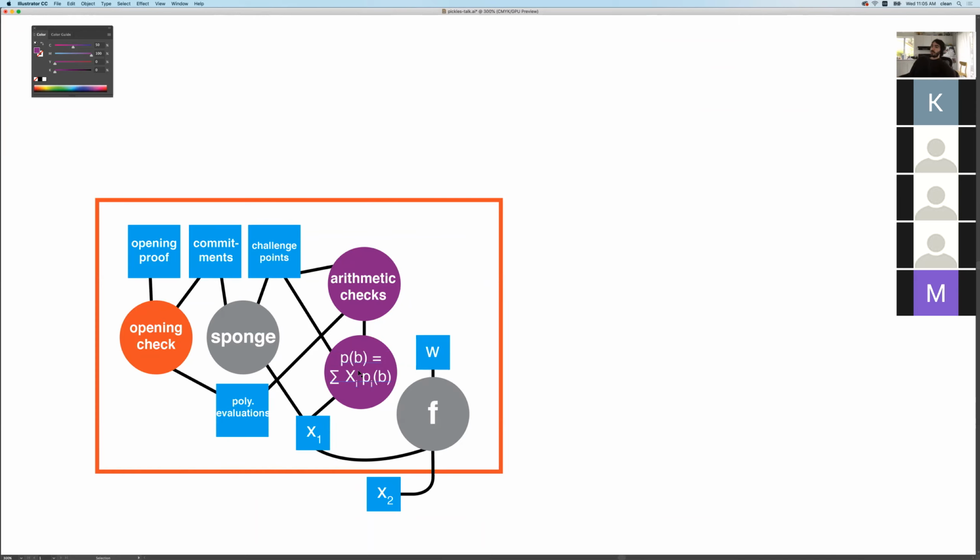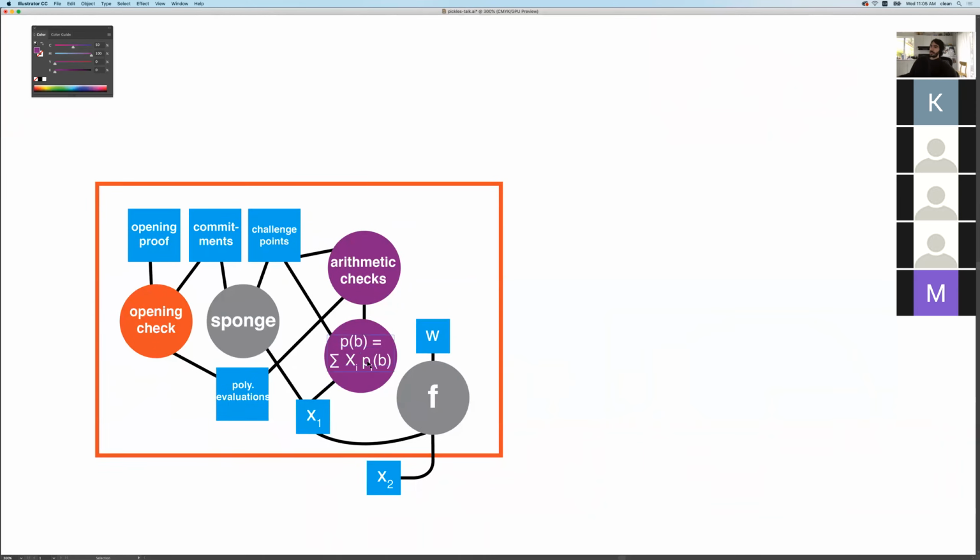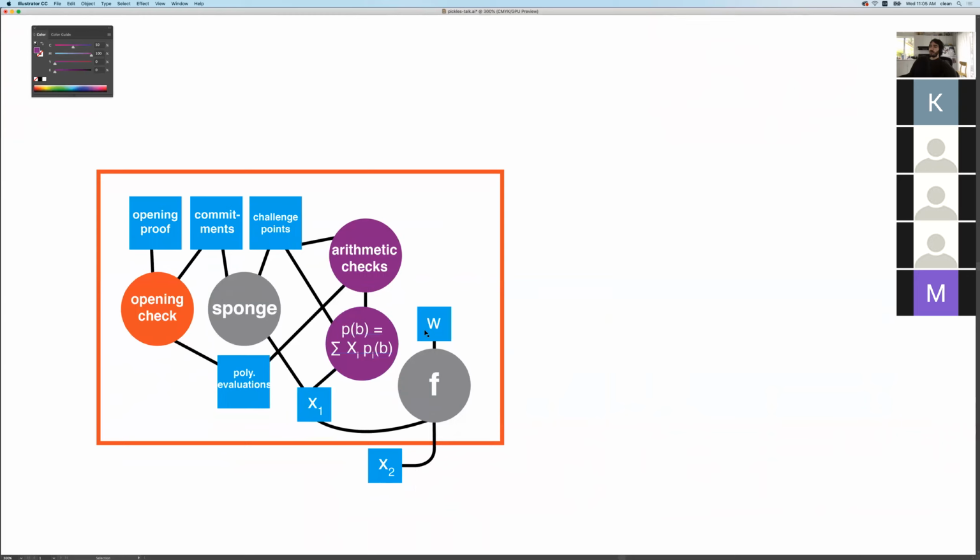Our goal is to take this purple computation and transform it into an orange computation, because then we can leave x1 inside of this orange box and we don't have to pull it out along with this purple node.